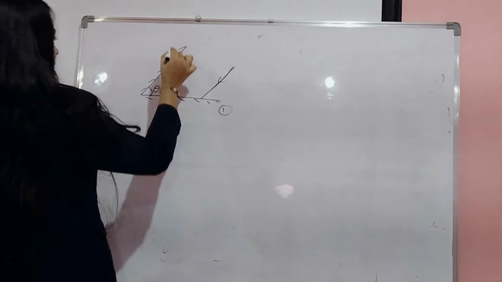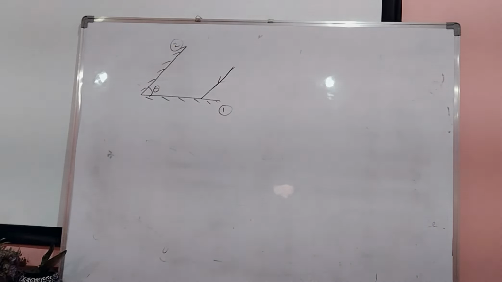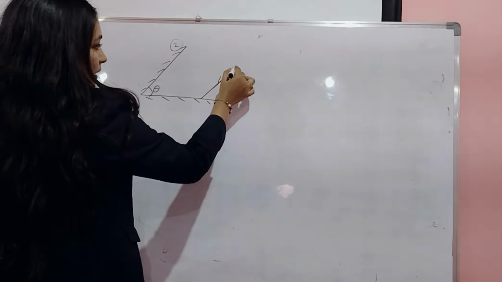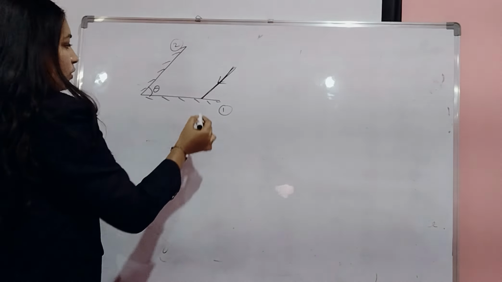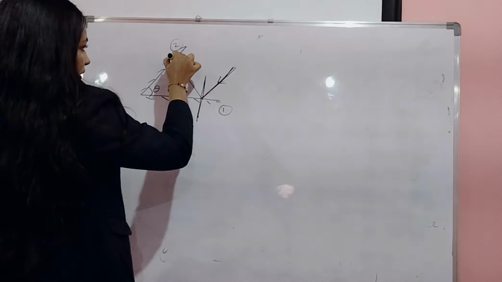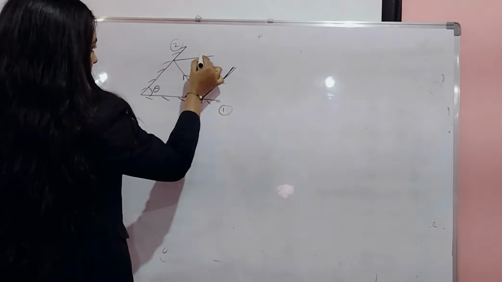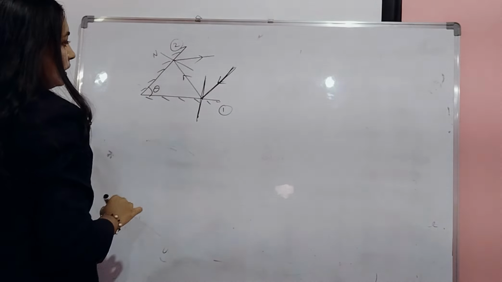This is mirror 1, this is mirror 2. I am taking a light ray, it is incidenting on mirror 1. So now what happens? You take the normal. So it is the reflected ray, it is falling on the second mirror and again it gets reflected back. So this is the normal for the second mirror.